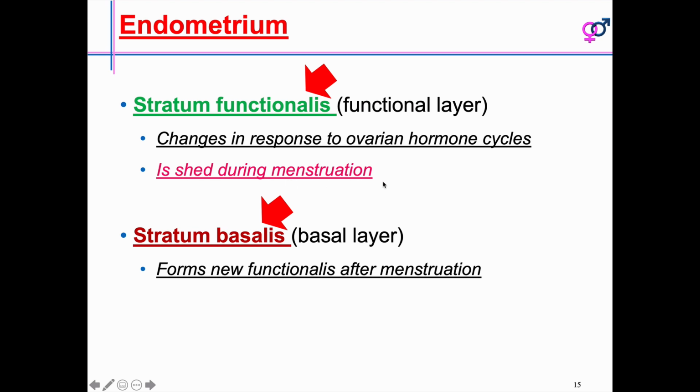Okay, so yesterday I showed you a graph of how during the menstrual cycle the mucus builds, how the spiral artery forms, and how the thickening of the mucosa takes place. And in the last 4 days of the menstrual cycle, how this mucus is breaking down and coming out. Okay, then the basal layer forms the new layer after menstruation. It is unresponsive to ovarian hormones.